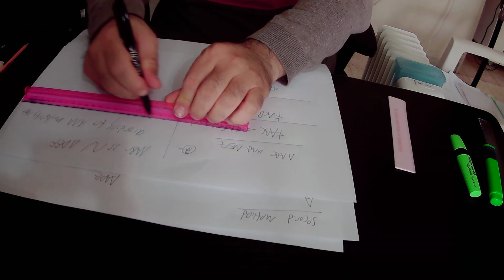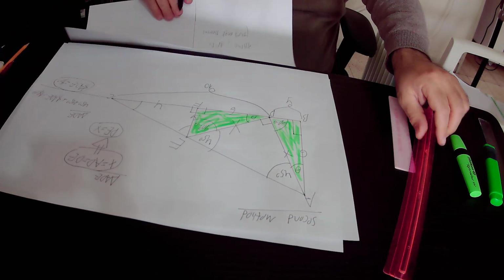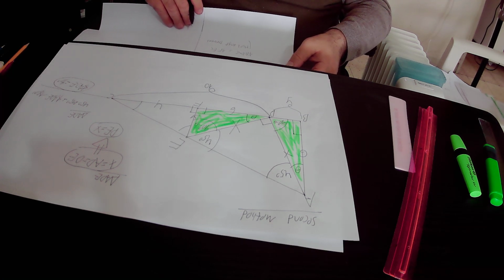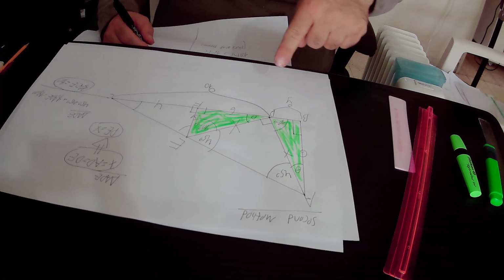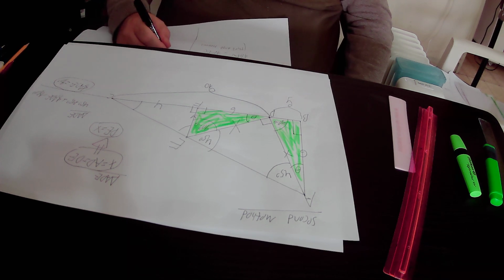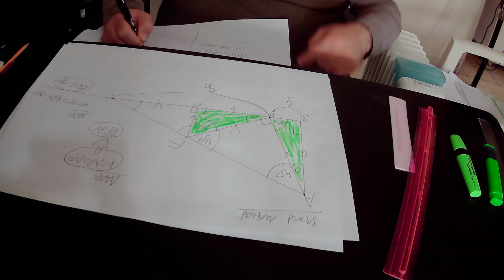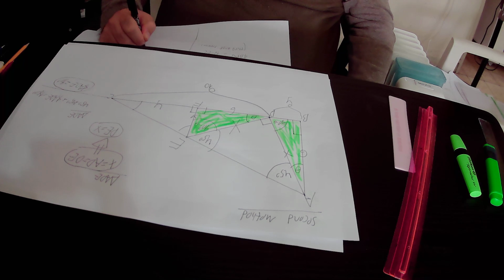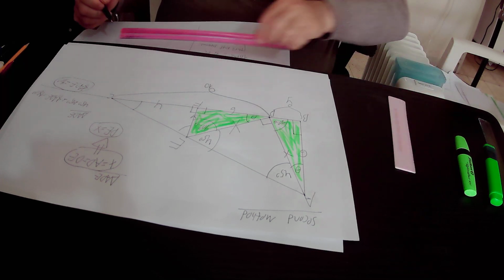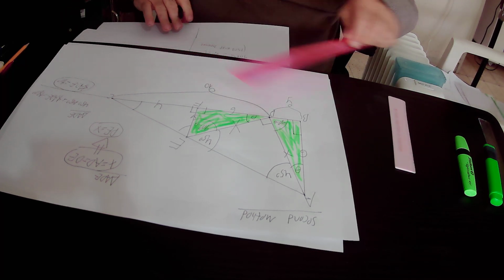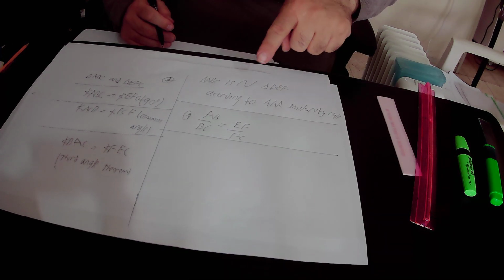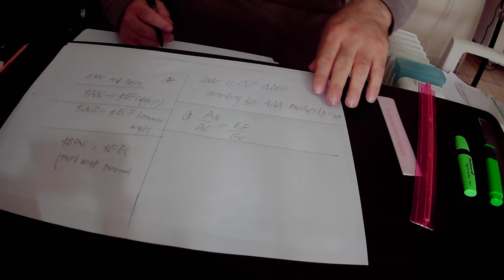And from the fact that triangle ABC is similar to triangle EFC, we will derive that AB over BC is equal to EF over FC. I'll repeat again. From the fact that triangle ABC is similar to triangle EFC, we derive that AB over BC equals EF over FC.